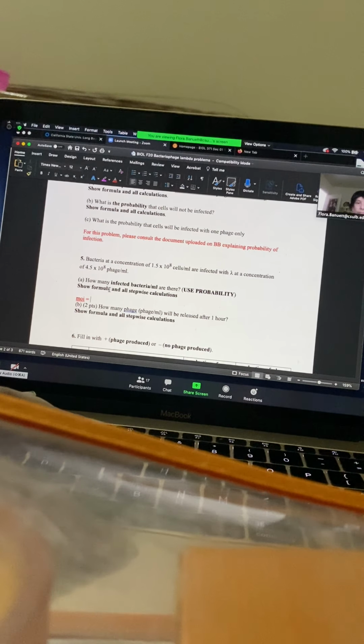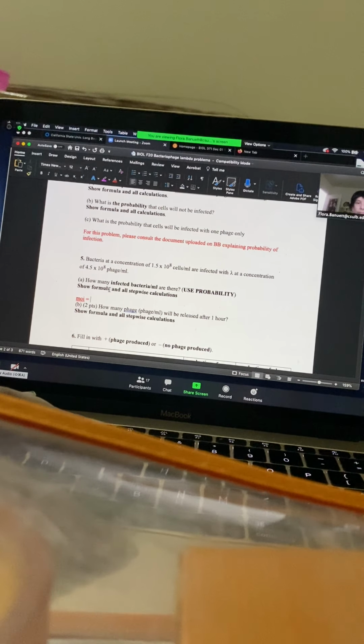Anybody? What is the MOI here? Is it 3? Yes, it's 3. It's phage over bacteria, 4.5 divided by 1.5. The exponents are the same. It's 3. There are more phage than bacteria. Okay?